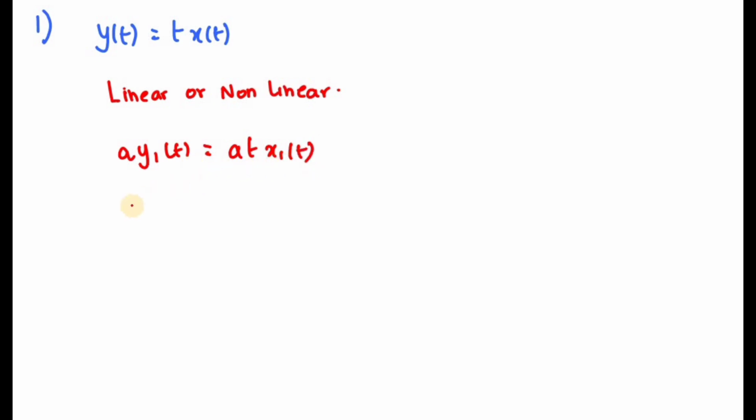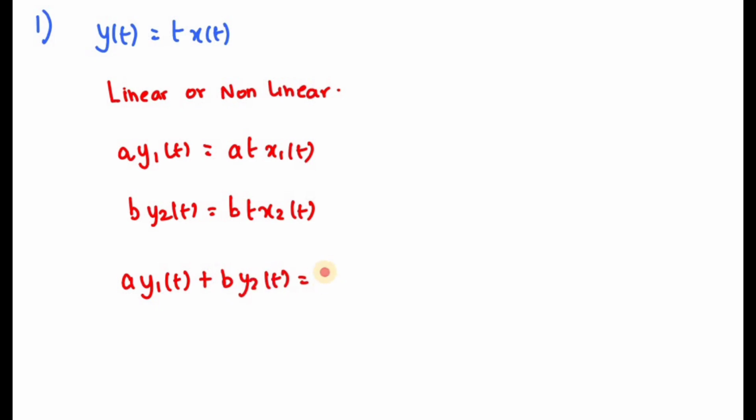Okay. Similarly, if I multiply b into y2 of t, so if I take this one as y2 of t, this is equal to b into t x2 of t. Okay. So if I add this one, I will get a t x1 of t plus bt x2 of t.